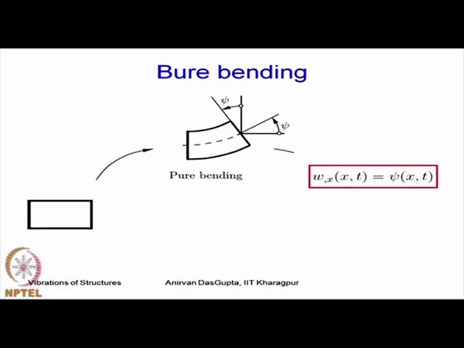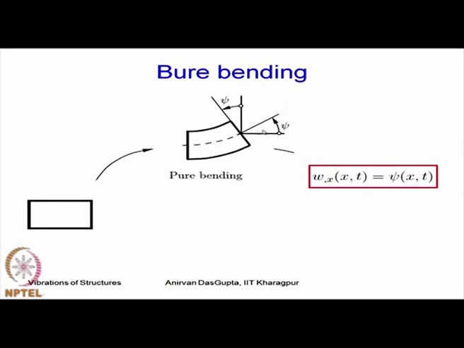Here you can see an undeformed element of the beam which undergoes flexure or pure bending. This is what we discussed in our last lecture. This is the neutral fiber or the neutral axis, and the cross section maintains this orthogonality with the neutral fibers.